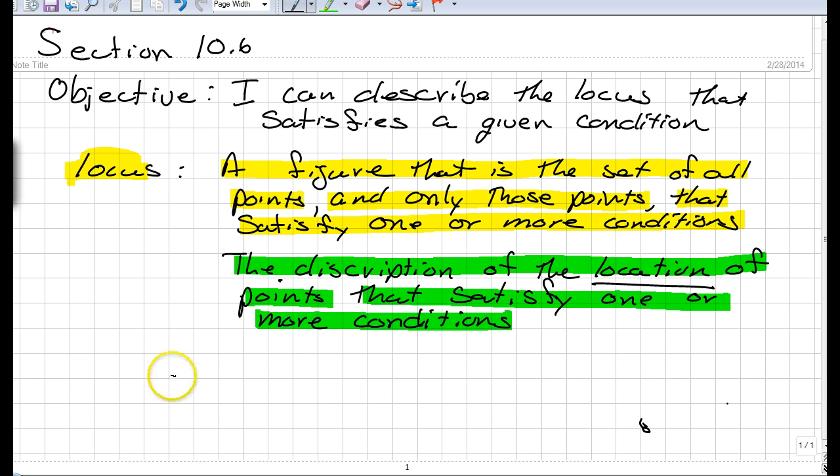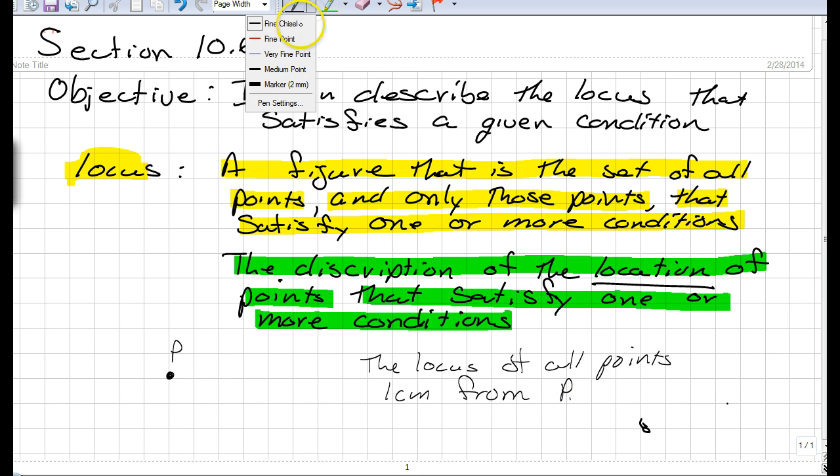So for instance, if I have a point P in a plane, and that's the key, that's in the plane, and I want the locus of all points 1 centimeter from P. Well, the first thing I do is I locate one point 1 centimeter from P. There's one.